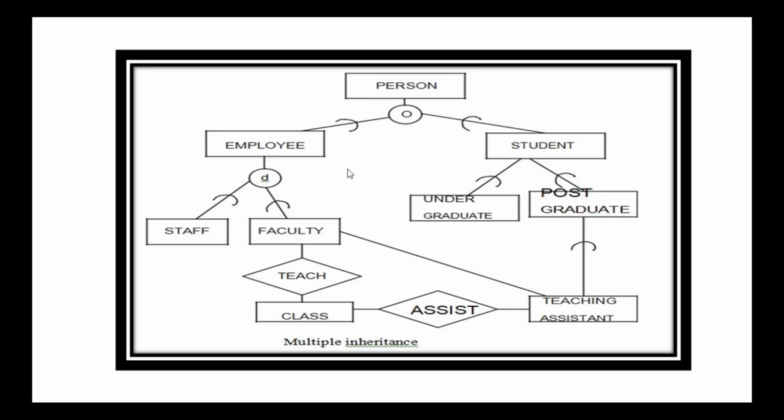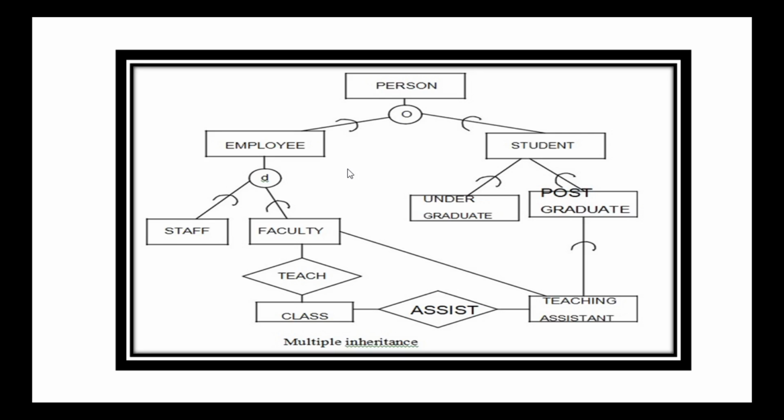Just see this diagram for multiple inheritance. A person is an entity supertype. From that supertype, two subtypes can be derived: employee and student. From the employee subtype, it derives two more subtypes, like staff or faculty.